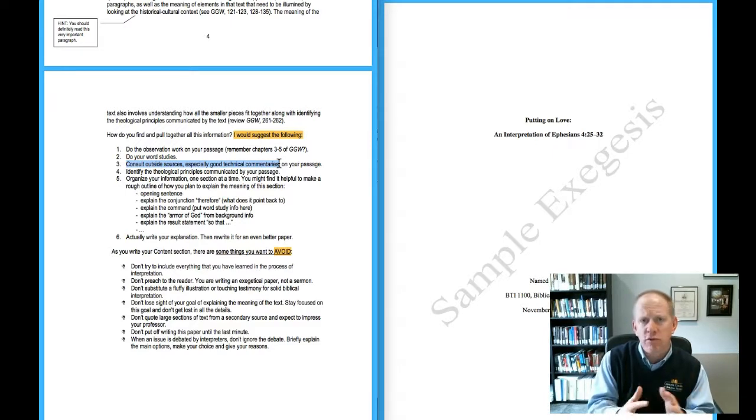Warren Wiersbe. I love Warren Wiersbe's books, and I read those in preparation to preach because he puts it in everyday language, uses illustrations. But for this level work, you need high quality exegetical technical commentaries that are explaining what the original language meant, what the context was, how all this cross-references to other parts of Scripture.